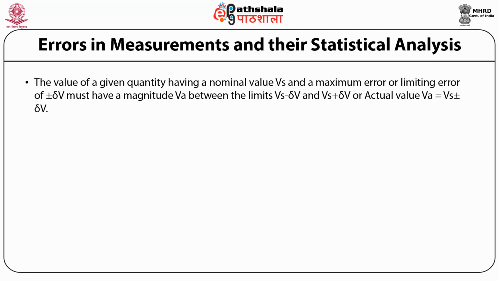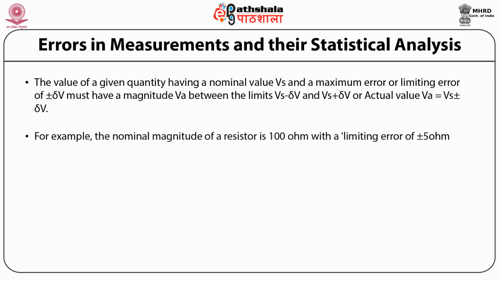The value of a given quantity having a nominal value Vs and a maximum error or limiting error of plus minus delta V must have a magnitude VA between the limits Vs minus delta V and Vs plus delta V, or actual value VA should be equal to Vs plus minus delta V.